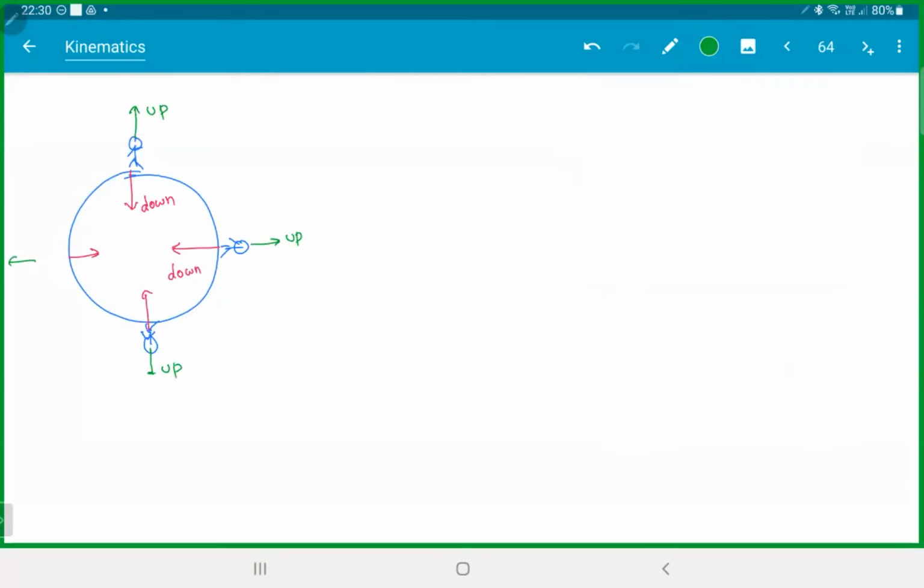Important concept. You should actually know the meaning of up and down. It all depends on the direction of the net force. So whenever someone asks you what is up and down, this is the definition you give. When you say vertically down, it is the direction of the net force.